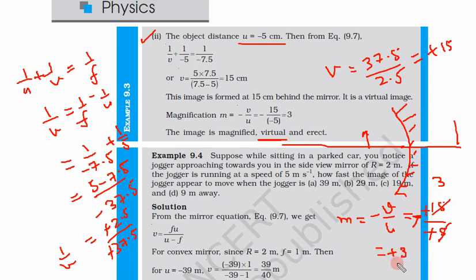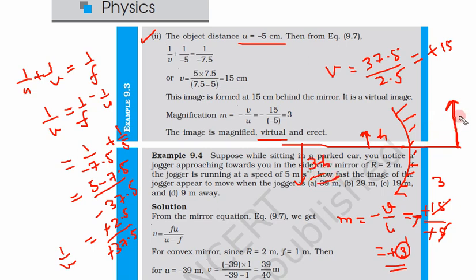So in this case, the image is not inverted. The image is still in the same direction. The image is 3 times larger. So if this was our object, the image is 3 times larger. As before, in the previous case, we also got an image which was 3 times larger, but that image was real and inverted.